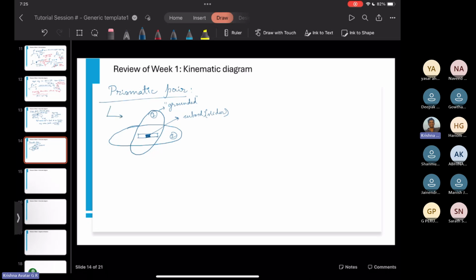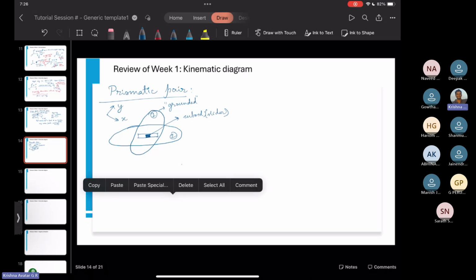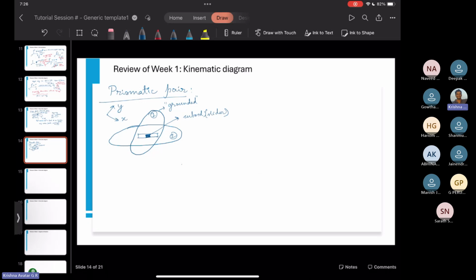So let me take an xy coordinate system in a different way, just to make certain things understandable. So there's xy. Now the body 2 is able to move along this slot.